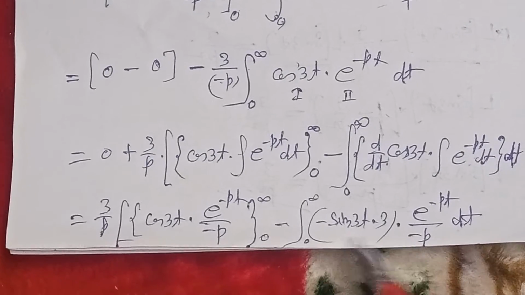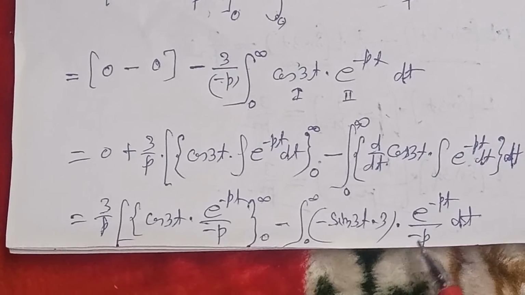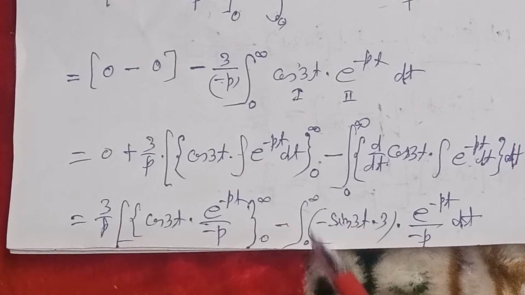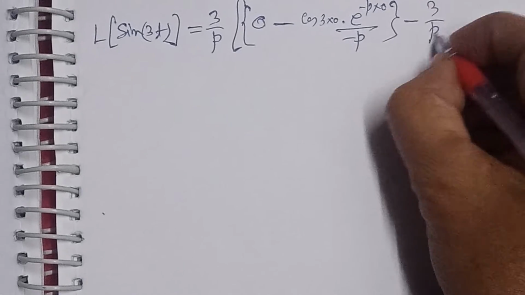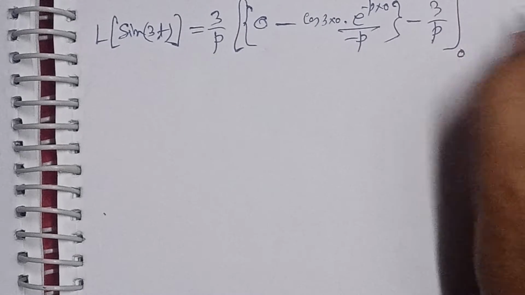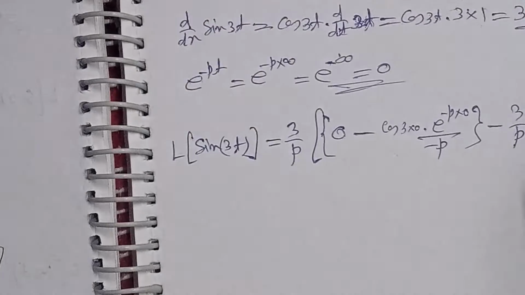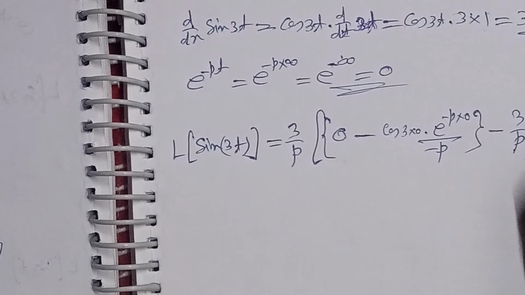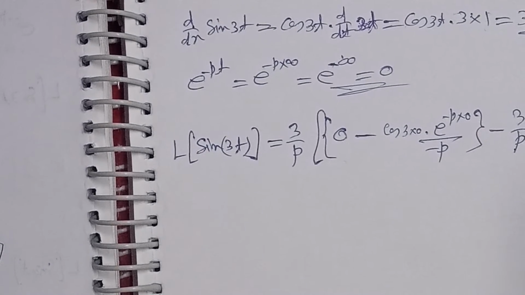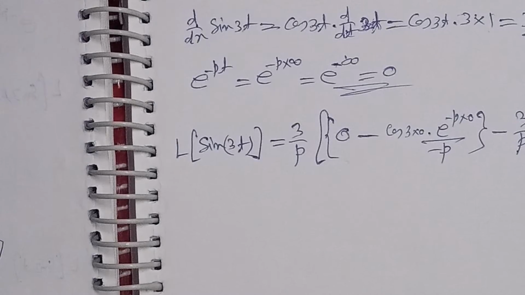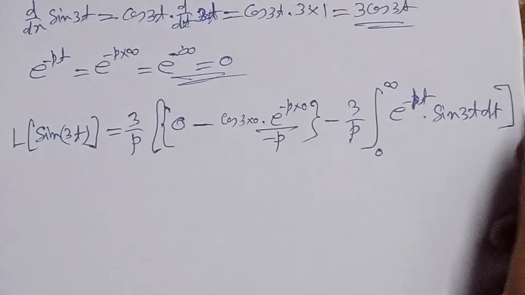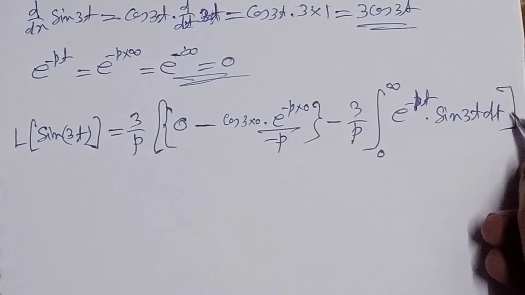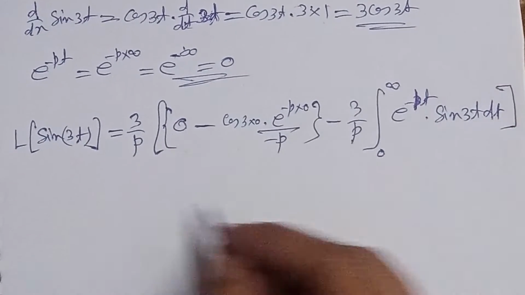converts to positive, minus minus multiplication is positive. Only 3 upon p is taken out from this integration of sin, and then we get 3 upon p times the integration from 0 to infinity of e to the power minus pt sin 3t dt, close the bracket.